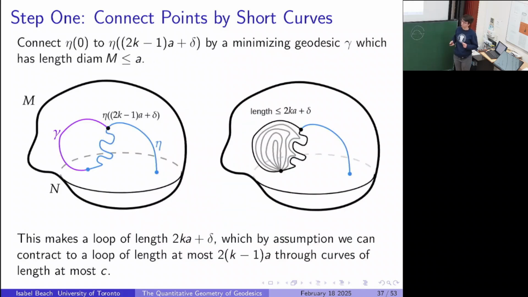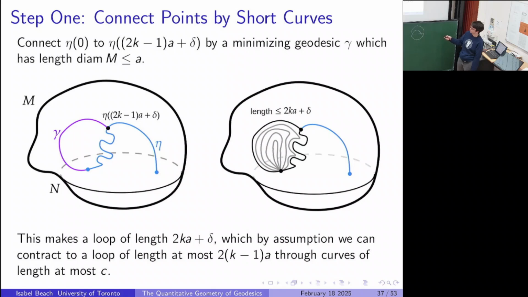So the way we do this is we use our hypothesis that loops can be shortened in my manifold. First I look at the arc of eta of length (2k minus 1)a plus delta. I connect my base point to that point by a minimizing geodesic. This has length at most the diameter of the manifold and hence length at most a.